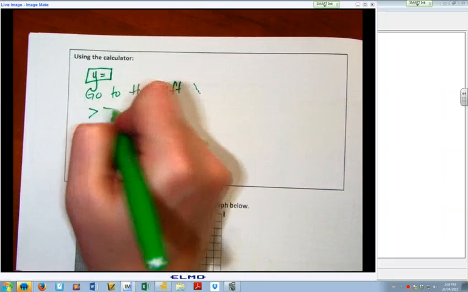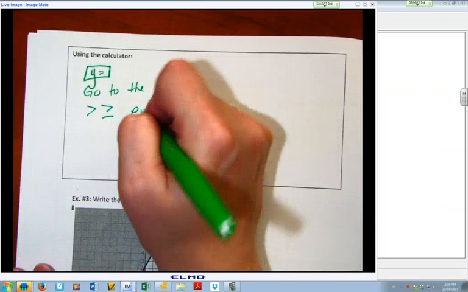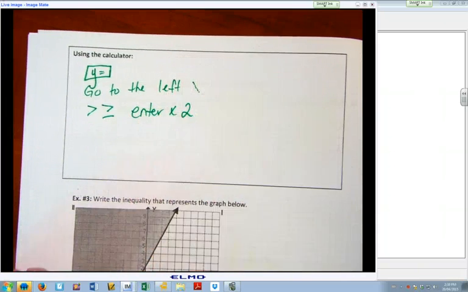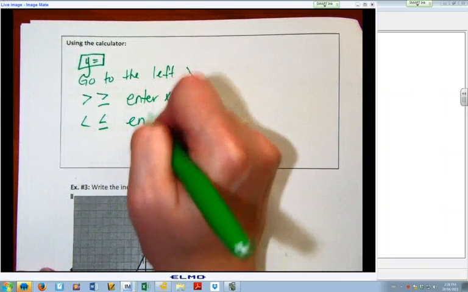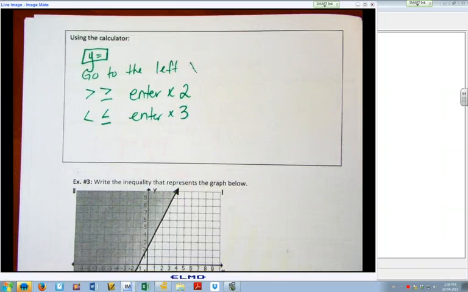For greater than or greater than or equal to, you're hitting enter twice. For less than or less than or equal to, you're hitting enter 3 times.